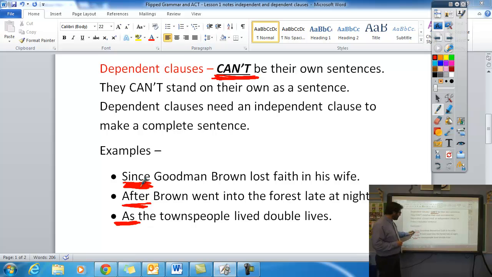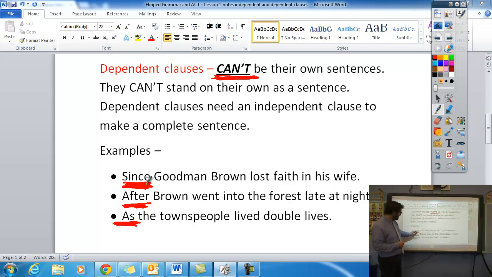The reason dependent clauses can't stand on their own is because of these subordinating conjunctions, and there's a bunch of words. If we took out since, this would be a good sentence. Goodman Brown lost faith in his wife. That would be an independent clause.